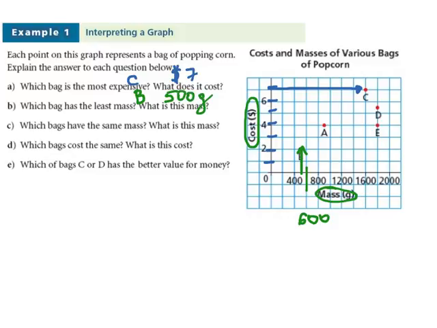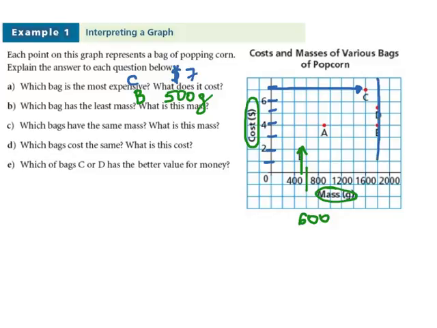Part C. Which bag or which bags have the same mass? And what's the mass? The bags that have the same mass are the ones that are vertically opposite to each other, or in a straight line.